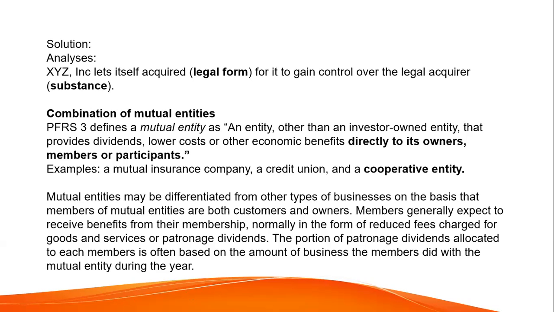When computing for goodwill on a reverse acquisition, the consideration transferred is computed based on the number of equity interests the legal subsidiary, now the accounting acquirer, that's XYZ, would have had to issue to give the owners of the legal parent, now the accounting acquiree, that's ABC, the same percentage of equity interest in the combined entity that results from the reverse acquisition.